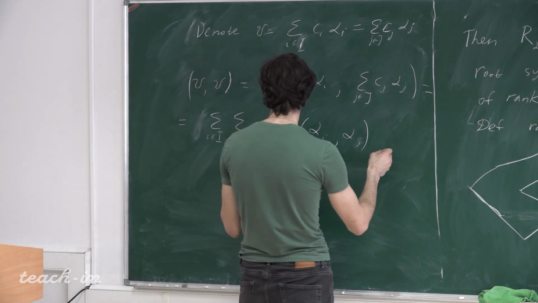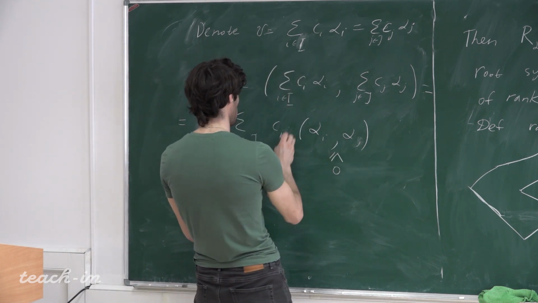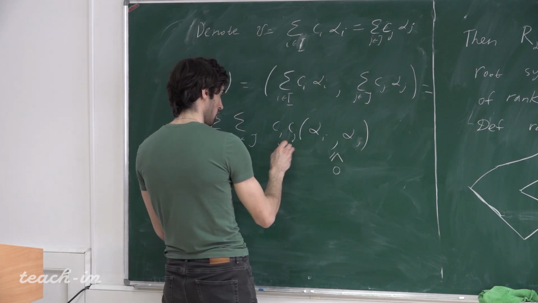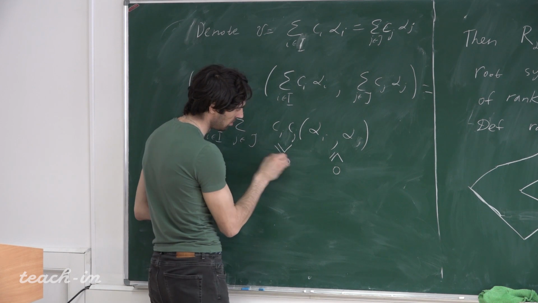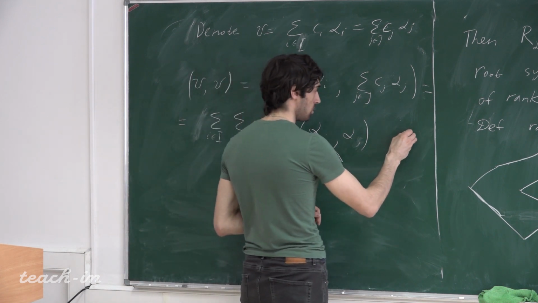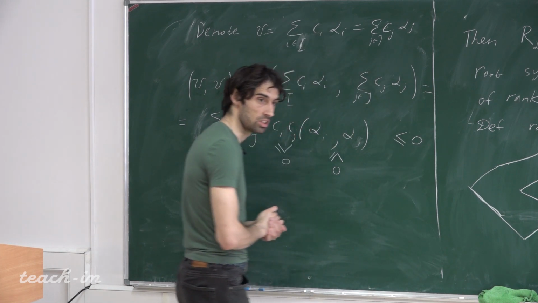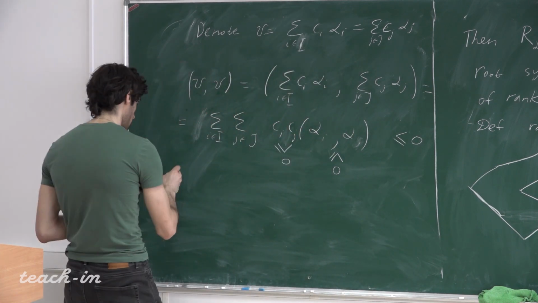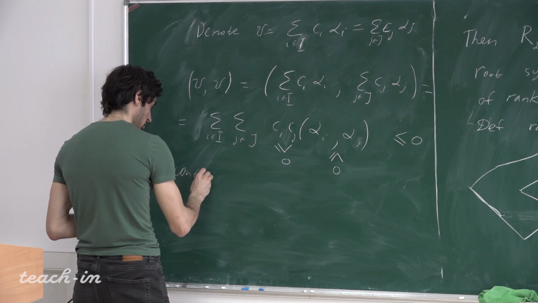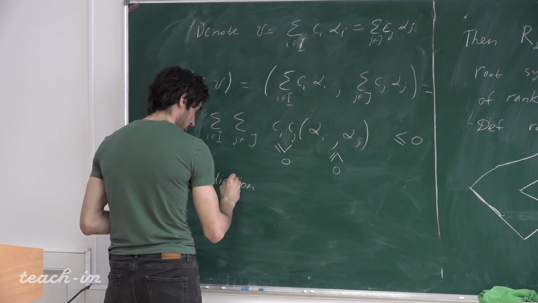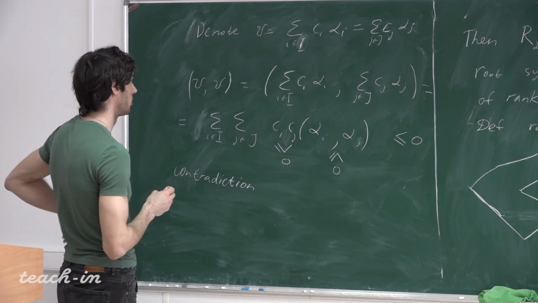So therefore, ci, cj here are positive, and therefore the whole thing is negative, which is a contradiction.